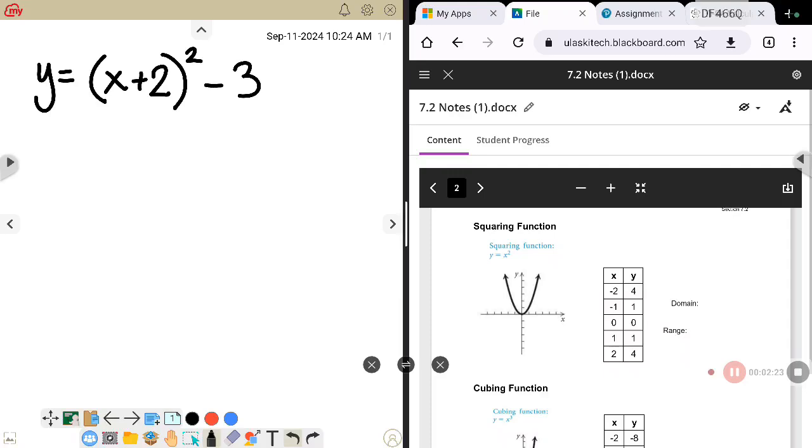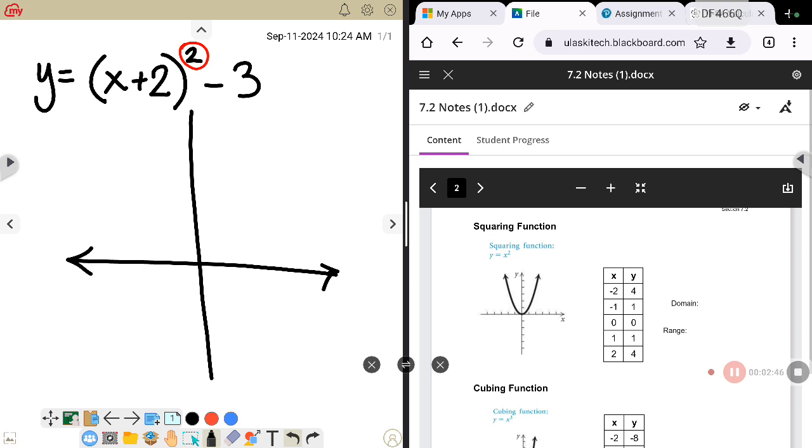All right, so let's look at the function here on the left. We have y equals (x plus 2) squared minus 3. So first of all, what is going to give it its shape is this x squared right here. In other words, it's going to have that U shape like the x squared graphs do.